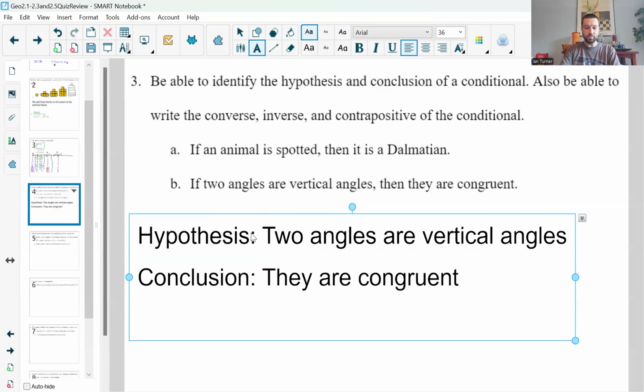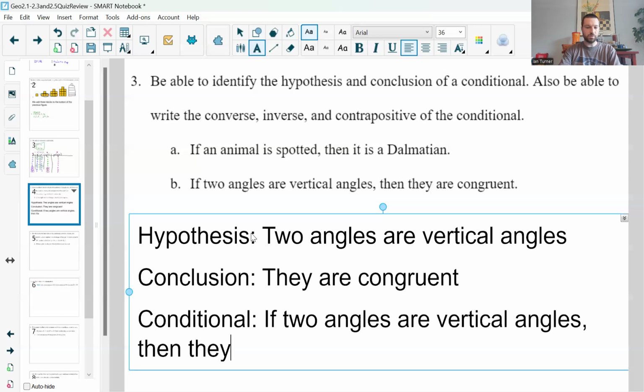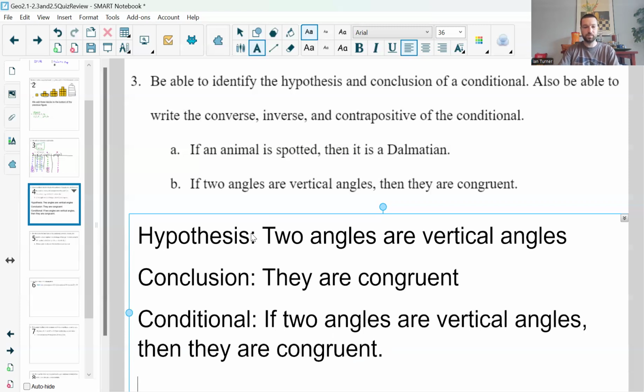Now, another thing to remember, we already have the original conditional, so let's just rewrite that. If two angles are vertical angles, then they are congruent is the original conditional. Now remember, we want to keep the subject at the start of our conditional.